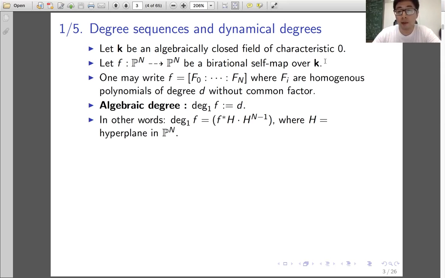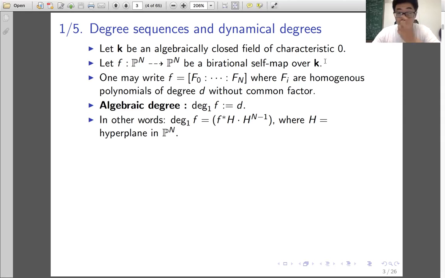So we may write F as (F_0, F_1, ..., F_n), where F_i are homogeneous polynomials of degree d without a common factor. Then the algebraic degree, which we write as deg_1(F), is just d.